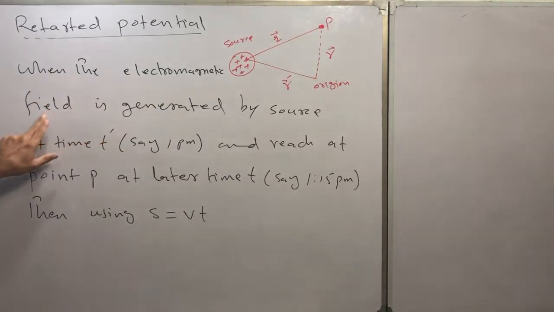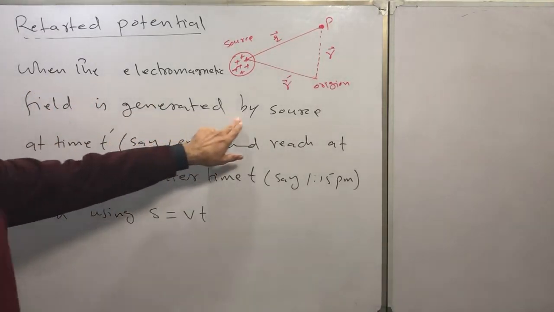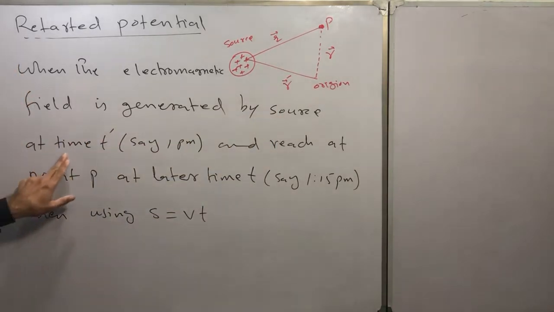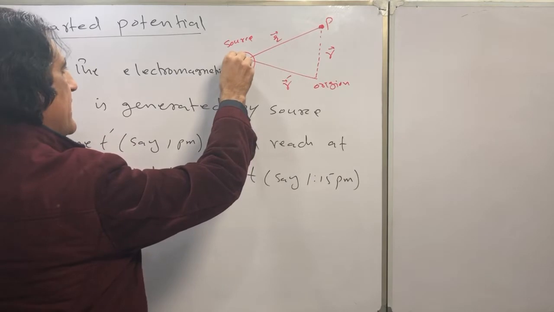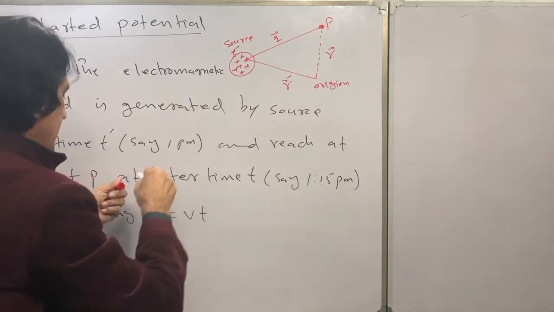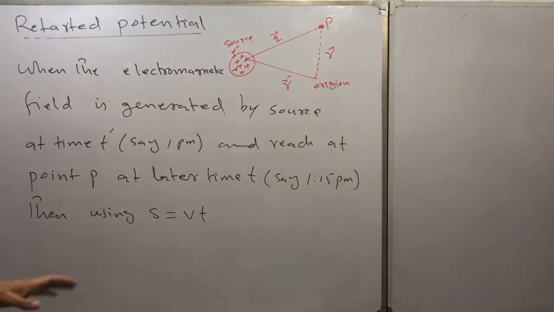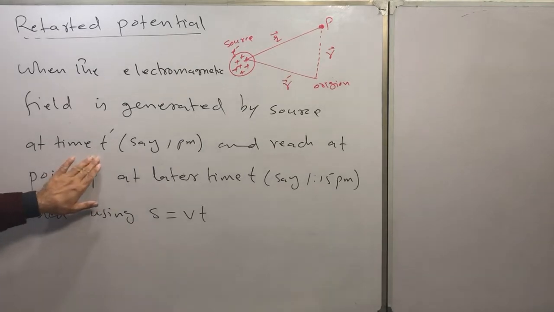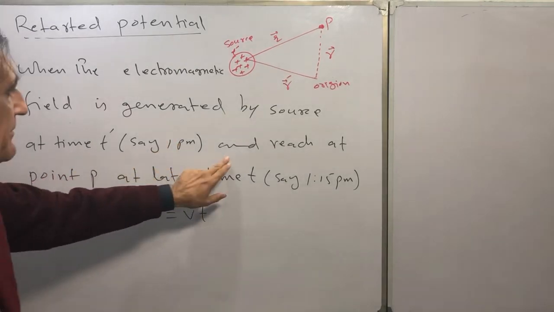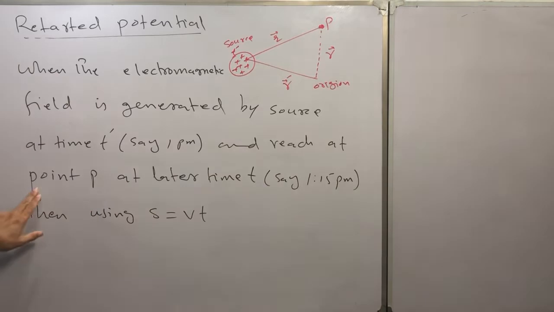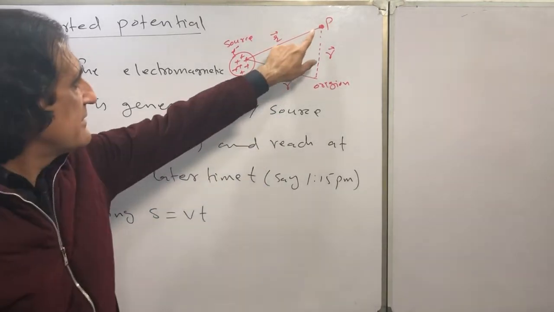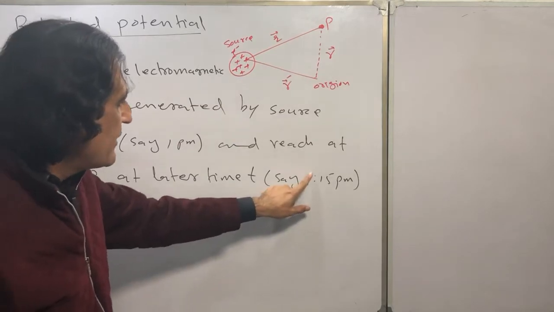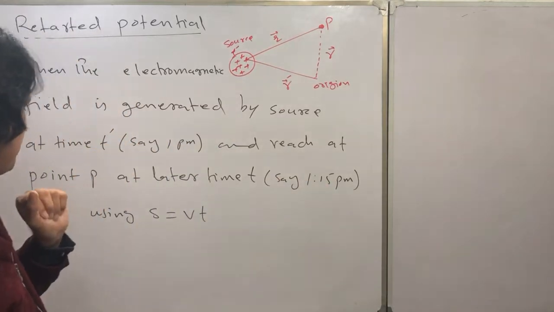When the electromagnetic field is generated by a source at time t prime, here this is the source, and at time t prime we have some generation of electromagnetic waves, say at 1 pm, and they reach point P at a later time t, say 1:15 pm.